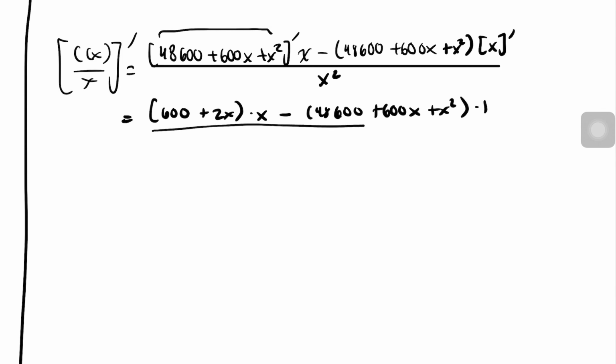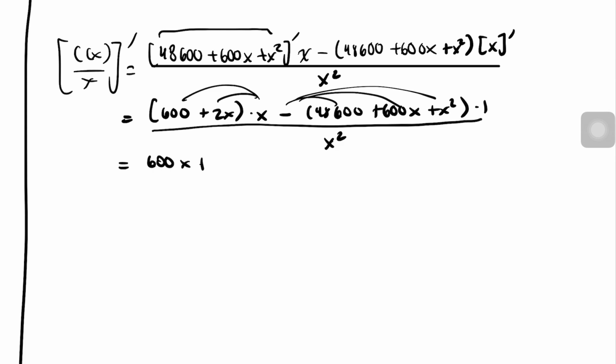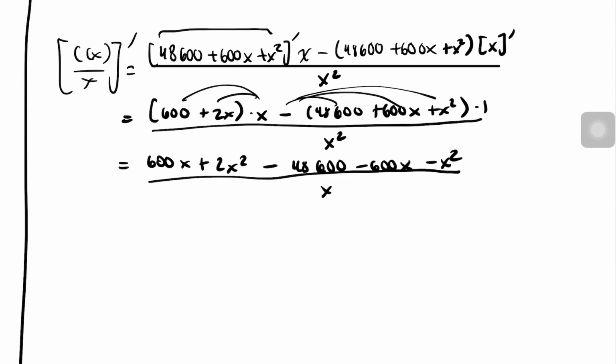So all over x squared. All right, so then we're going to try to simplify the top now, distribute the x, distribute the negative, and we end up getting 600x plus 2x squared minus 48,400 minus 600x minus x squared all over x squared.